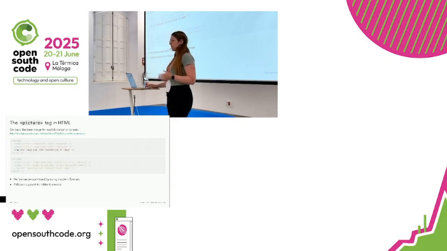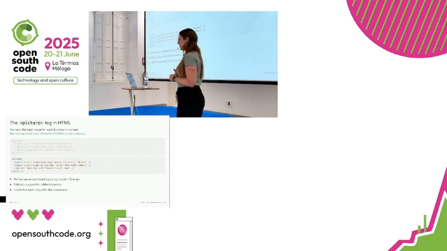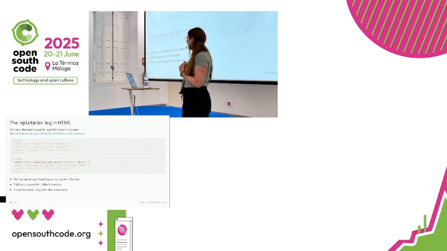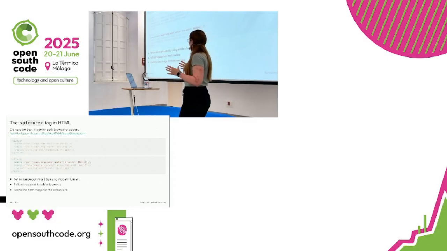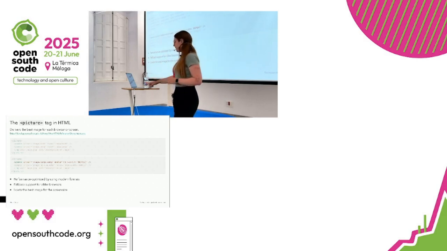So this is for image format support, but it also allows us to define device size support. For that, we have the media attribute, and this media attribute will help the browser decide if an image is accurate based on the size. Going to the example, if I am using a large browser, meaning that the width of the screen is larger than 1024 pixels, it will download the large image.